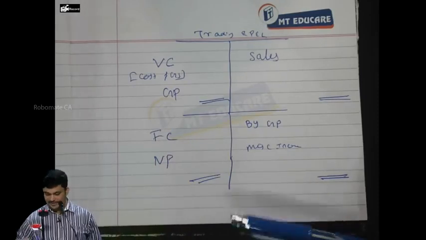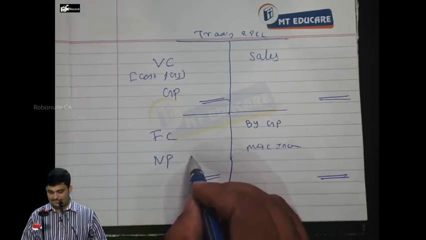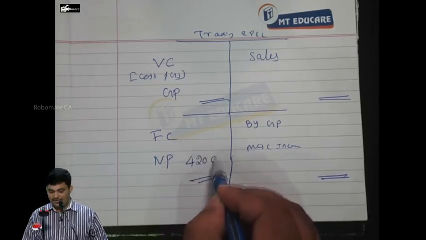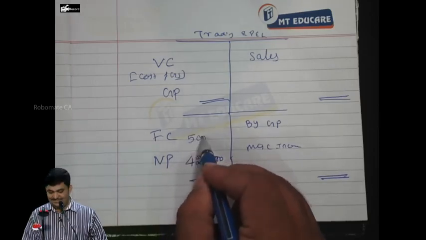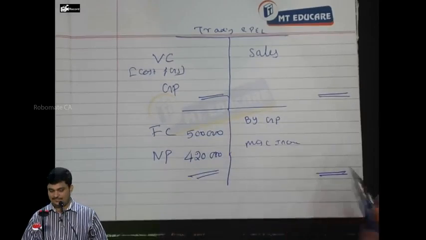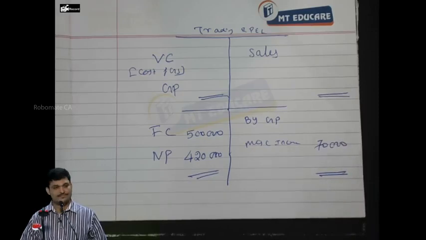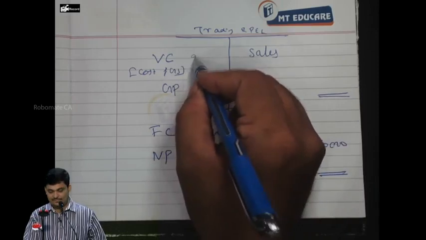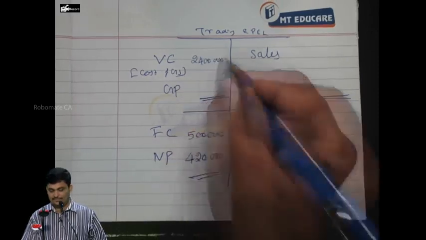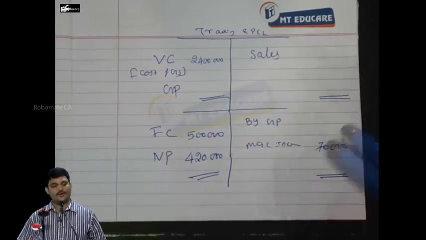Okay. Let me fill in whatever information is given. Okay, 420. Variable cost I know. Now tell me, can I find out gross profit?